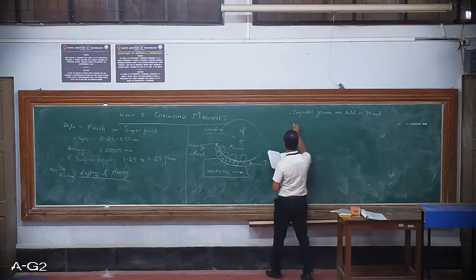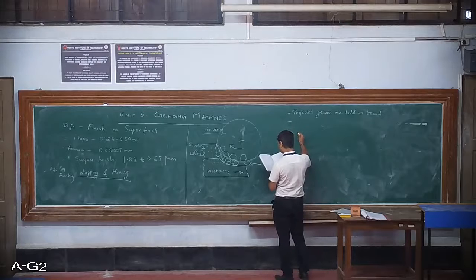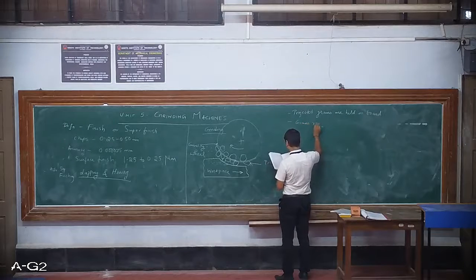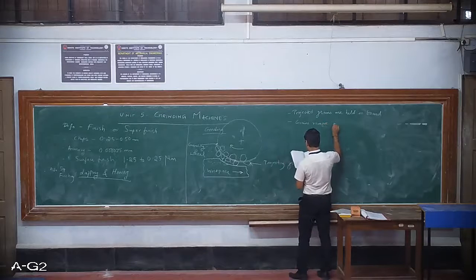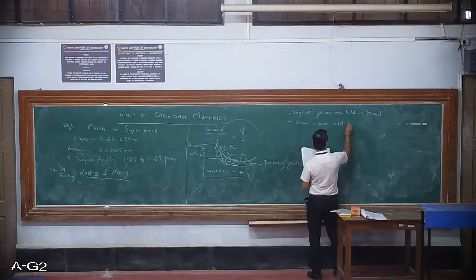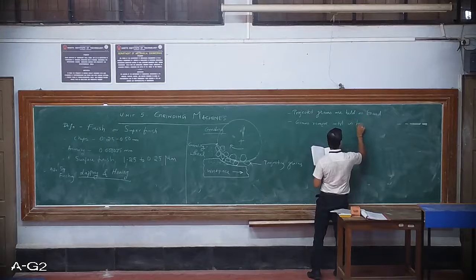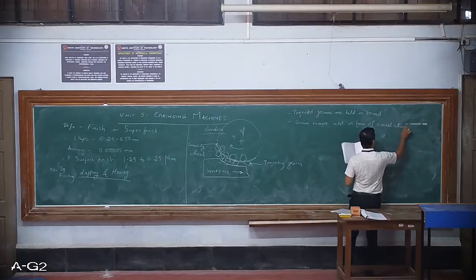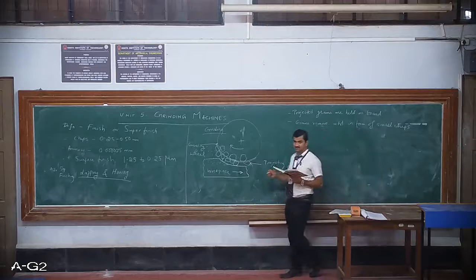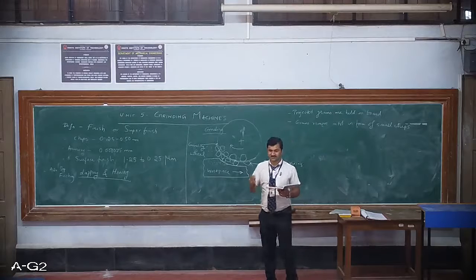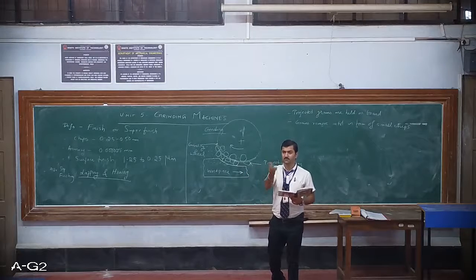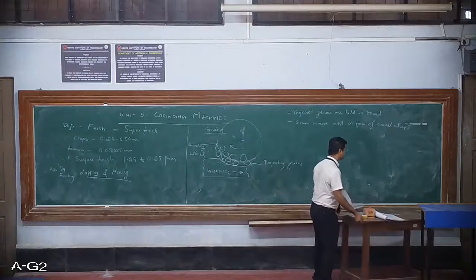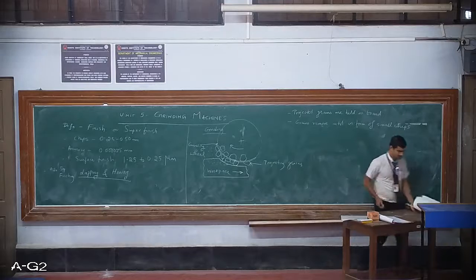Next, second point, grains remove material in the form of small chips, same like milling. These grains abrade, means they pluck into the work surface and remove a part of the work, that is abrade, and they can produce small chips.